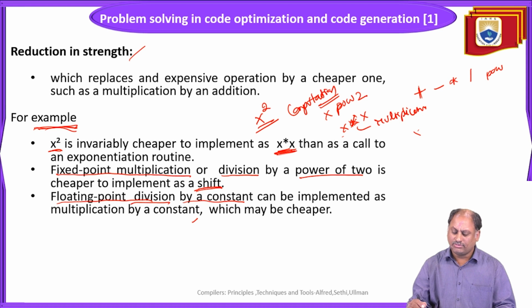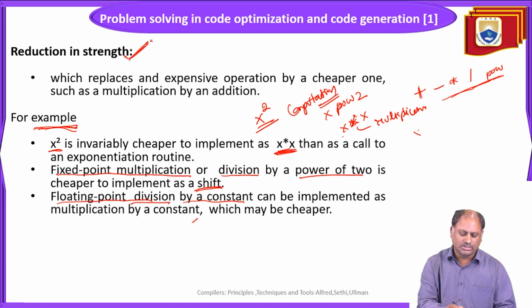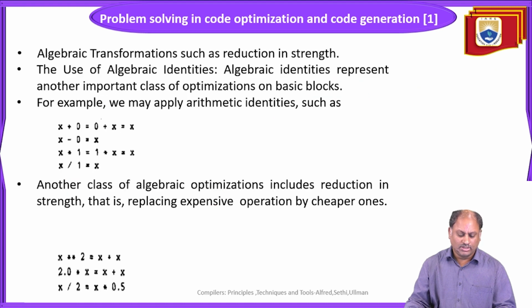So like that, performing shift operations, right shift, left shift, gives the same result. Even with the replacement of this computation, we are definitely going to reduce the strong computation with a lesser computation, so that we get a reduction in strength. So this is the operation which is to be used.